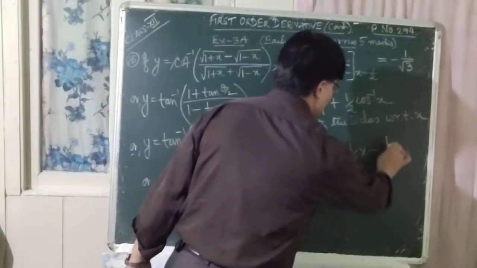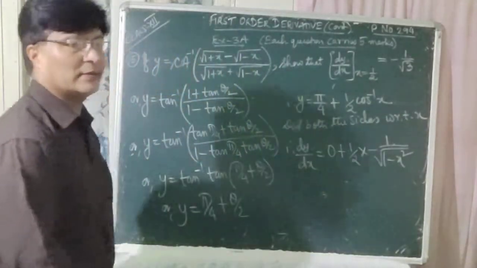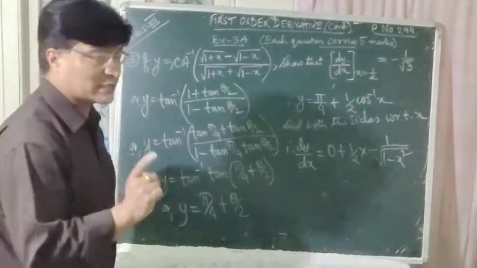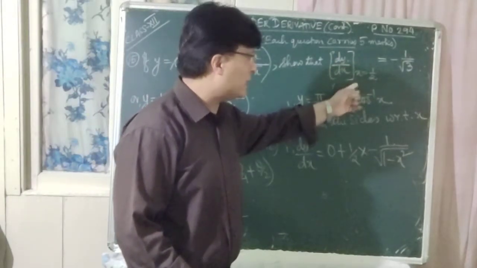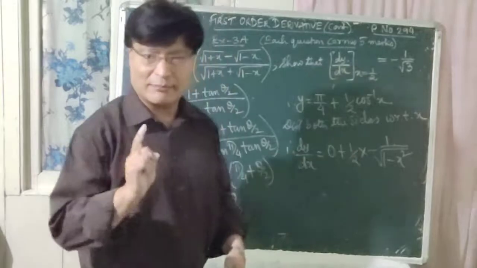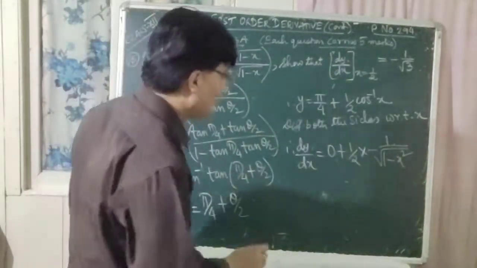There is a direct formula, minus 1 upon root over 1 minus x square. Is that clear? But in this case, dy by dx is there within third bracket, and below here there is x is equal to half. That means you have to get the value for dy by dx when x is equal to half.